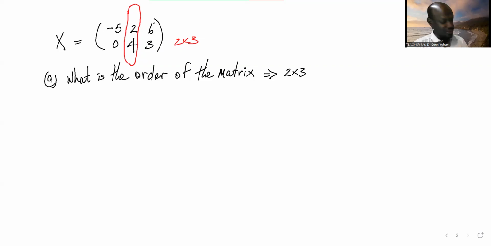I showed you the second column. Kiara, right? So it's 4. The first number is 2 in the second column. The second number is 4 in the second column.